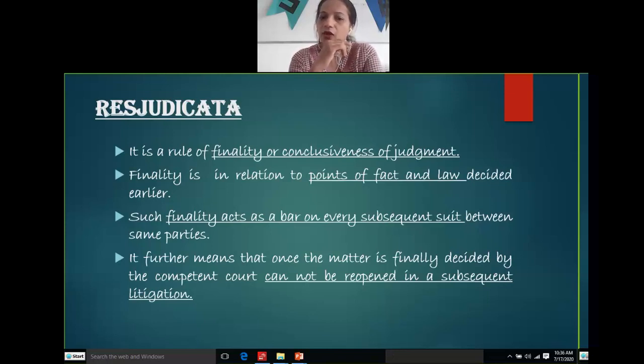So, this finality or act जो है, जो भी हमारा पॉइंट्स को लेके हम फाइनल फैक्ट्स को लेके एंड लॉ को लेके जो पॉइंट्स हैं हमारे, उन पॉइंट्स के ऊपर जब हम पहुंच गए हैं, फाइनलिटी पे पहुंच गए हैं, we have decided the issue relating to the fact and the issue relating to the law, then in that case we would say हम ऐसे फैक्ट्स को और ऐसे लॉ को वापस से सब्सिक्वेंट सूट में बिटवीन द सेम पार्टीज चैलेंज नहीं करेंगे. तो इस तरीके का जो रूल है बेसिकली जो रिस्ट्रिक्ट करता है या बार करता है पार्टीज को ऐसा करने से, उसे हम रूल ऑफ रेस जुडिकाटा बोलते हैं.